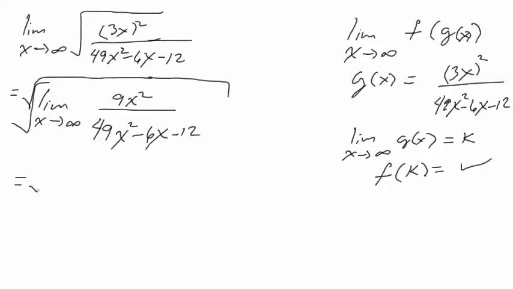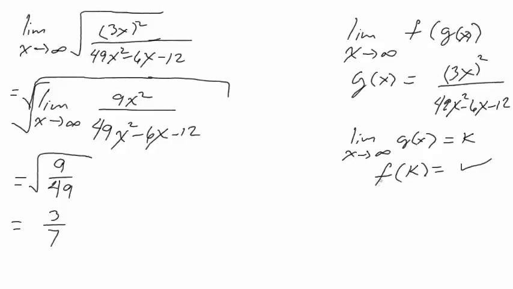We end up taking the square root of 9 over 49. So the square root of 9 is 3, and the square root of 49 is 7. It's that simple.